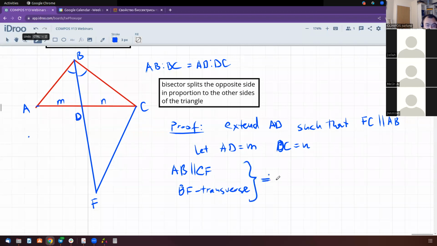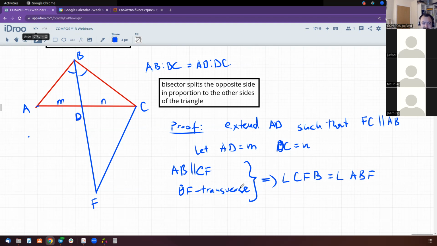It follows from these two facts that angle CFB is equal to angle ABF. Technically, you have to say congruent, but I'm not too fussed about it. You can say the angle measure is the same.